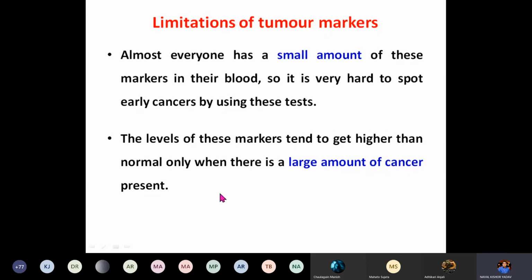If it is a tumor marker, it should detect the early development of cancer. If some person is just starting the cancer, that level should increase, but that is a limitation of tumor markers. The marker will be high only when the cancer is in a later stage. If the mass developed inside the cancer patient is more, then only the level of this tumor marker will be high. That is one limitation.